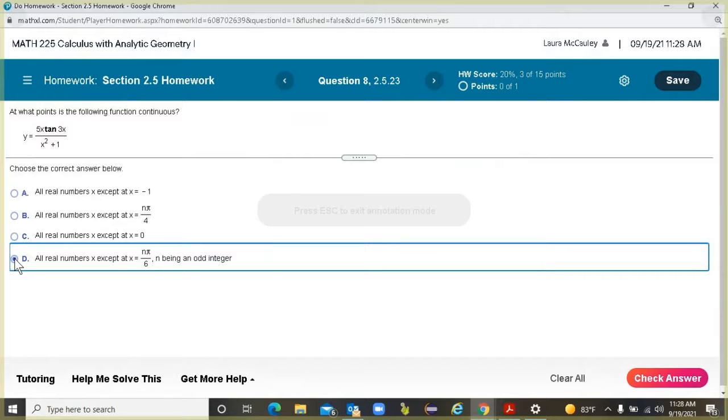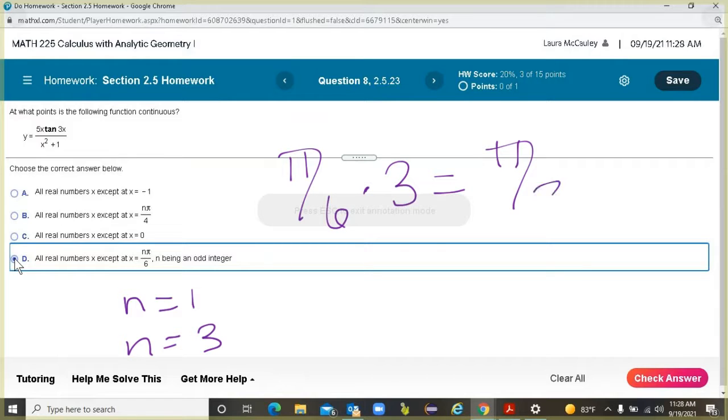So they're saying n is any odd integer. If you want to check a couple, notice when you jump to 3 what that's going to do. Pi over 6 times 3 is going to end up being pi over 2, and that is your pi over 6 plus pi over 3, right?